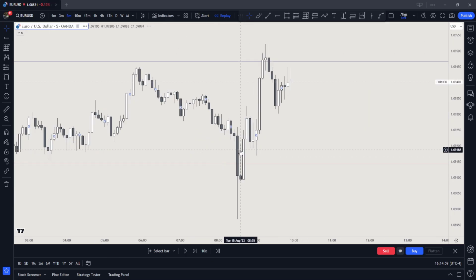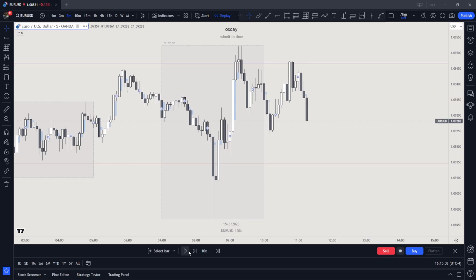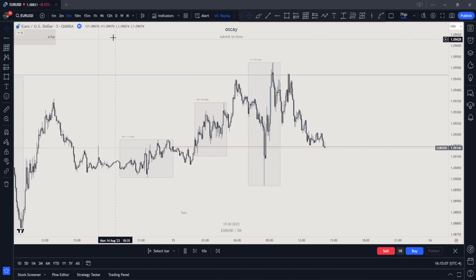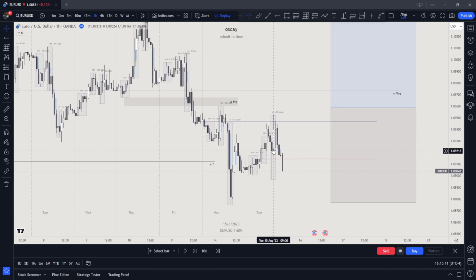See if it played out. It did not really play out. So we went above weekly open. High, low. Okay.